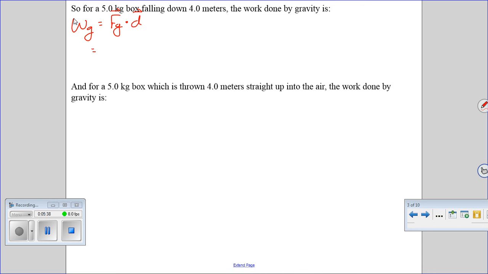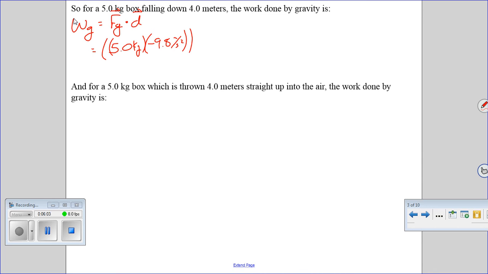So my force of gravity is going to be 5 times 9.8, right? I guess I should put units on this. Okay, so my net force is downward, right? And then the displacement's parallel, so I don't even need to worry about the cosine of theta, right?